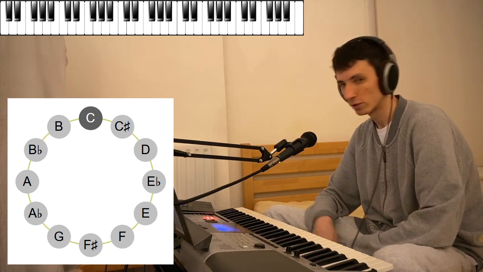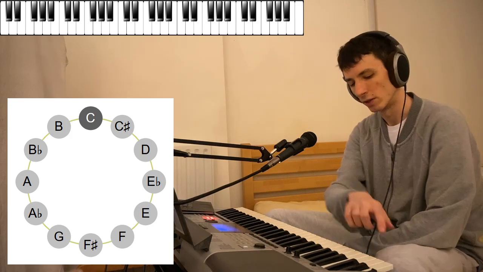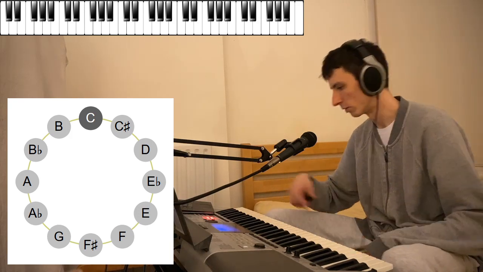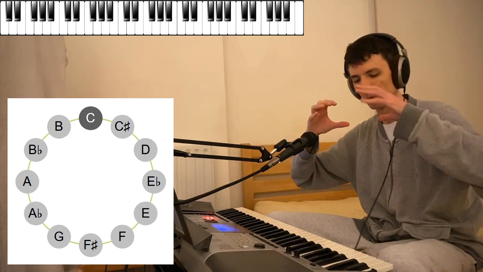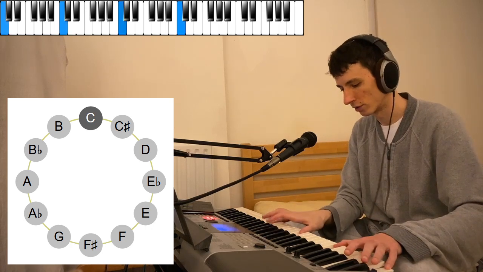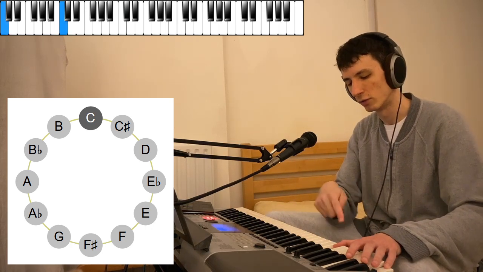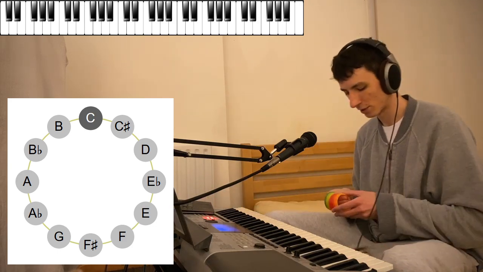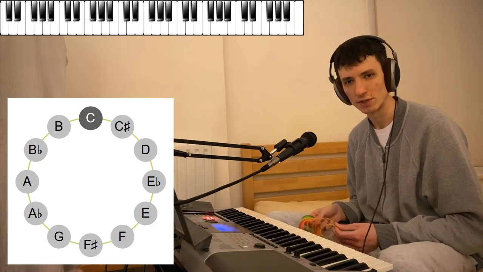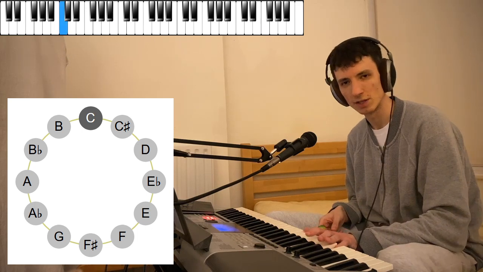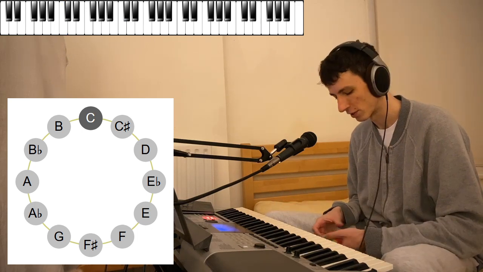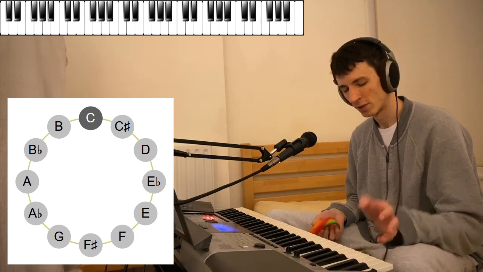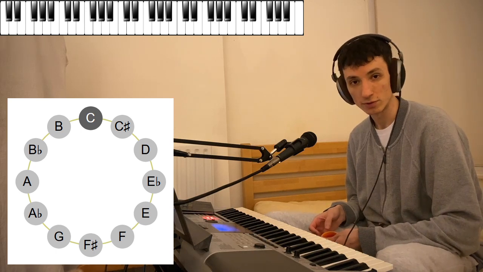So we have two different ways of thinking about them: the line, and the circle. The circle is kind of like we identify all the octaves, and then it loops. But the circle discards some information, because it says that this C is the same as this C because they sound the same. But those notes are still different.